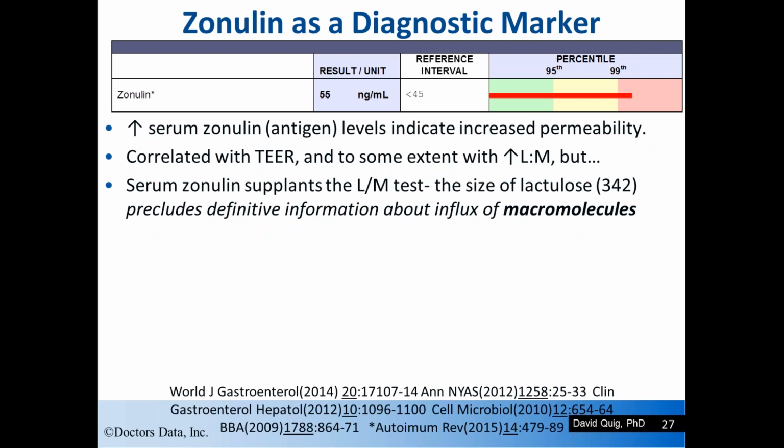And increased zonulin levels are correlated to some extent with an abnormal ratio of lactulose mannitol. However, serum zonulin clearly supplants the lactulose mannitol test because the small size of the lactulose molecule, only 342 molecular weight, precludes definitive information about the influx of antigenic and pro-inflammatory macromolecules.